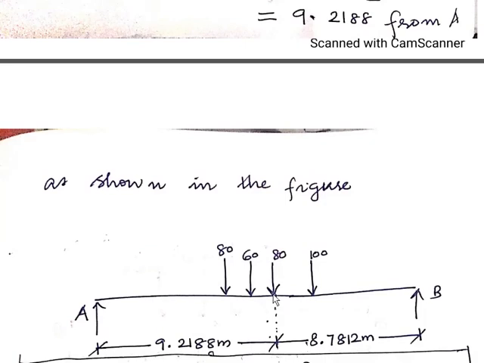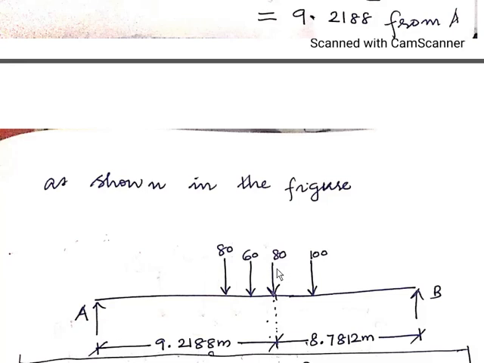You can see here, this is W2, the load nearest to the resultant, and this should be placed at a distance 9.2188 meter from support A. This is the load position to have the absolute maximum bending moment on the beam.